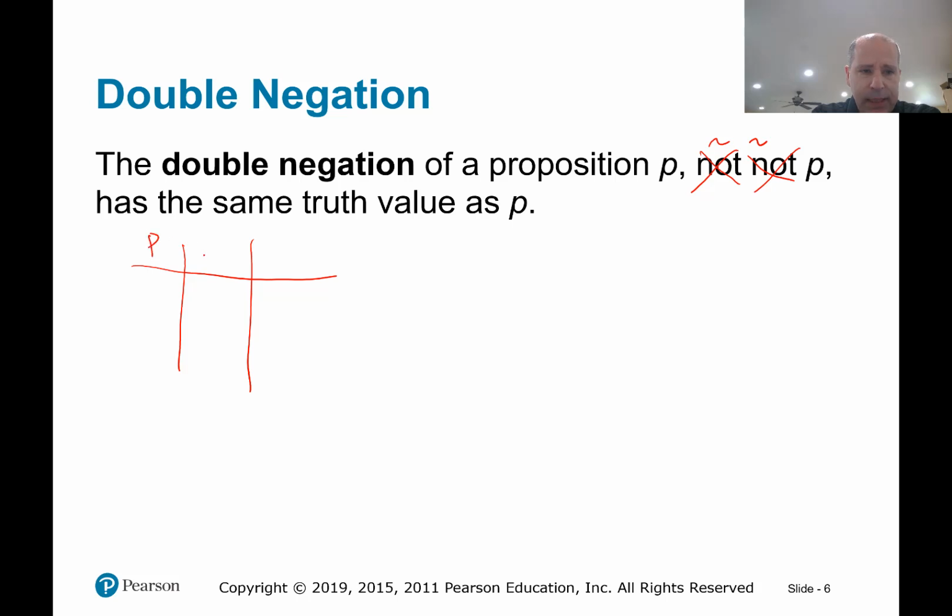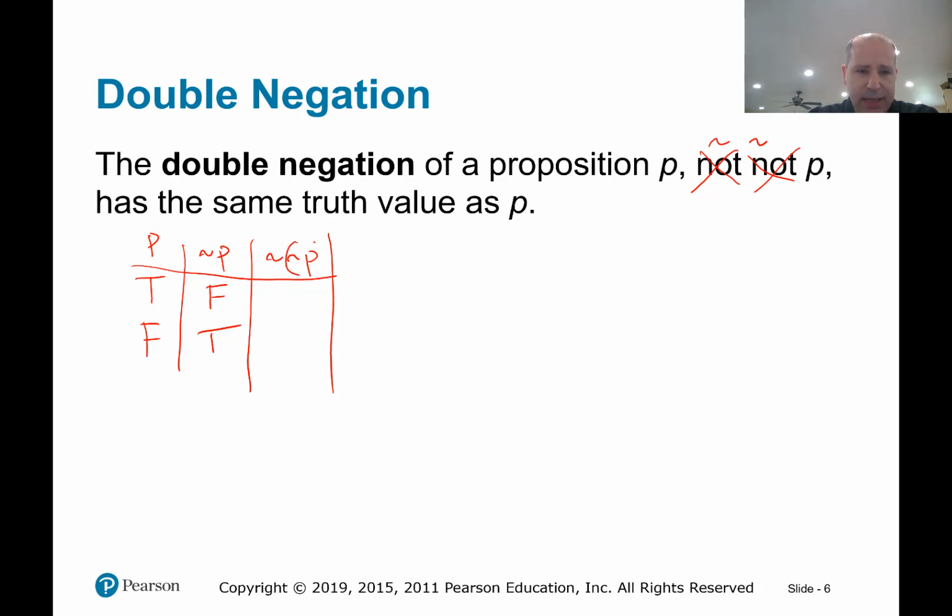So we start with P, and then we have not P, and we have not not P. What are the possible truth values for P? True and false. From there, we can just fill out the rest of the table. So not P would be the opposite of P, so that would be F T, and then of course not not P would be the opposite of that.